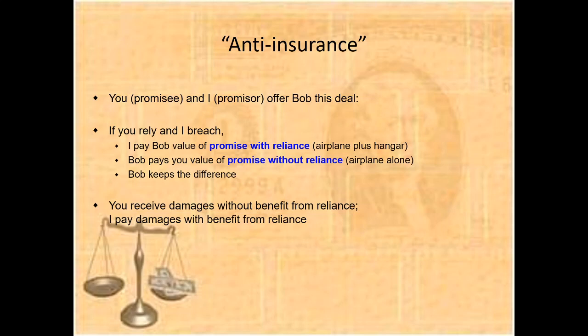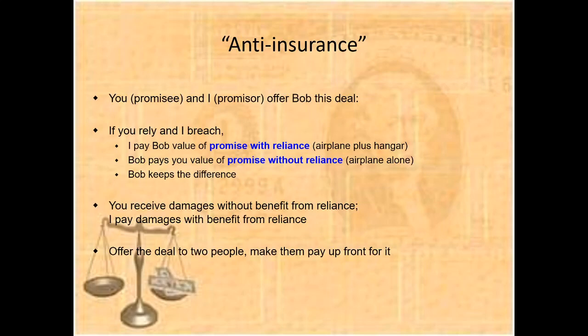Bob pays you the value of the promise without reliance, the airplane alone. Bob keeps the difference. So you receive damages without benefit from reliance, and I pay damages with benefit. So this is a kind of situation: offer the deal to two people, and make them pay up front for it.